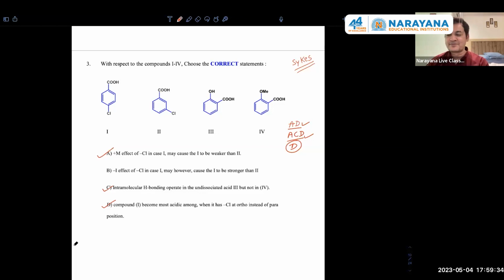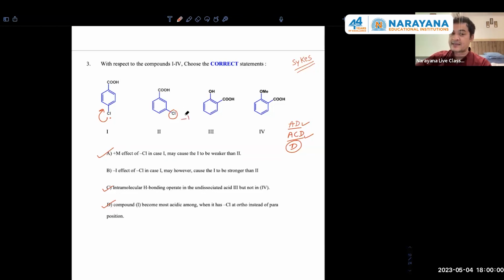Very good. Yeah, this question is again from Sykes only. See the question properly and read the statement properly. They are saying the plus M effect of Cl in the first case may cause the first to be weaker than the second. Yes, because in this case the plus M effect cannot work from the meta position.